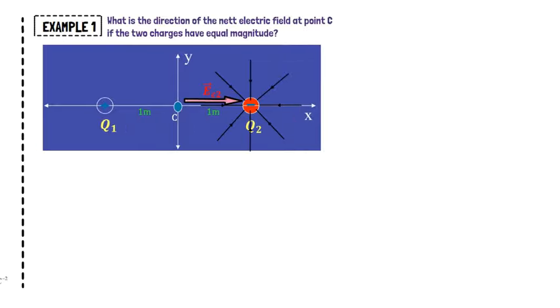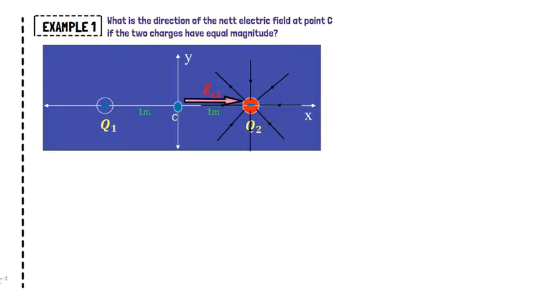Okay, sebab dia inward kan, dia masuk ke dalam charge tersebut. So maknanya kalau kita lukis besar, so you akan nampak at point C, the direction of the electric field due to second charge must be to the right as shown in the figure.